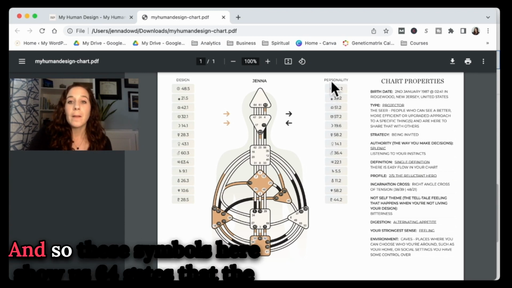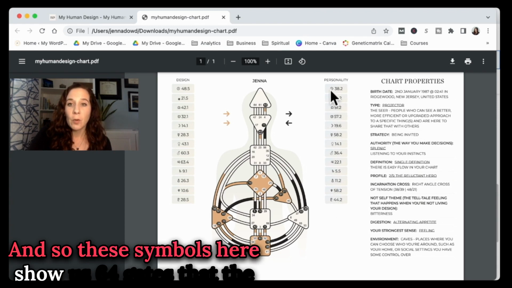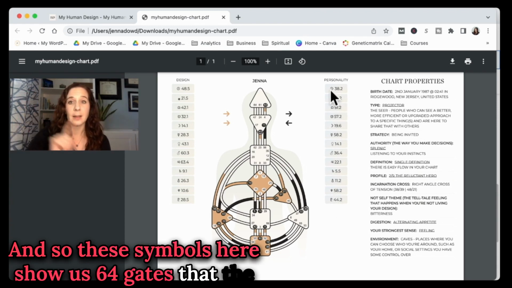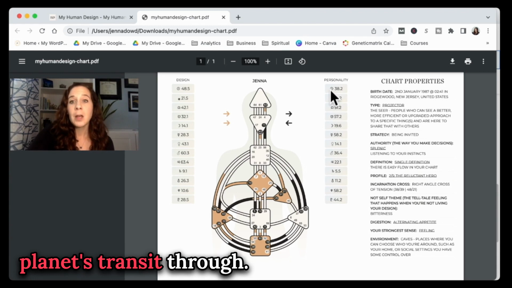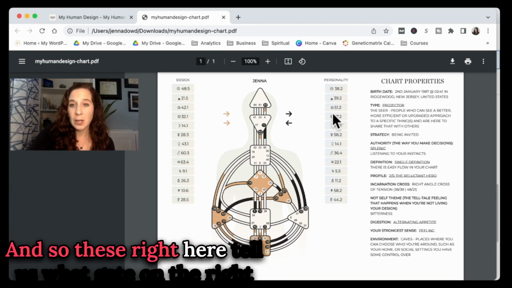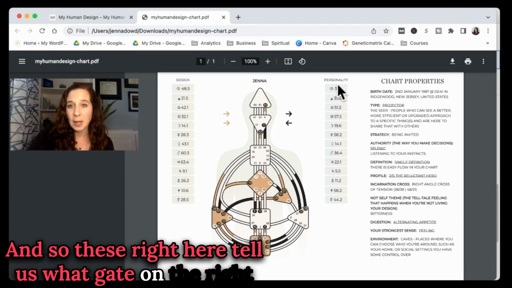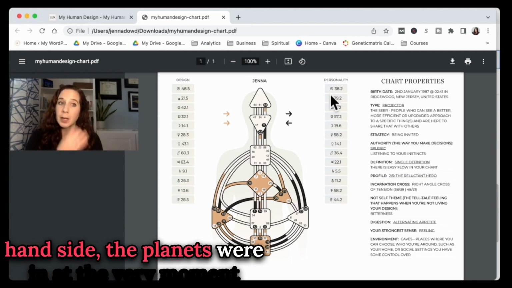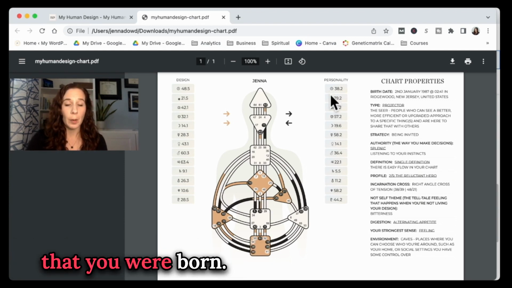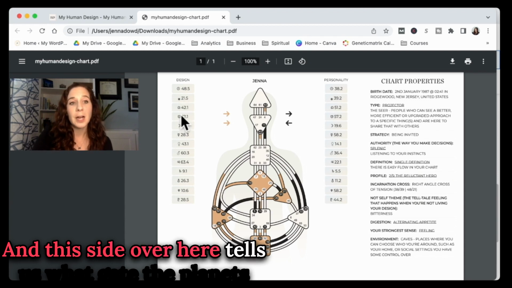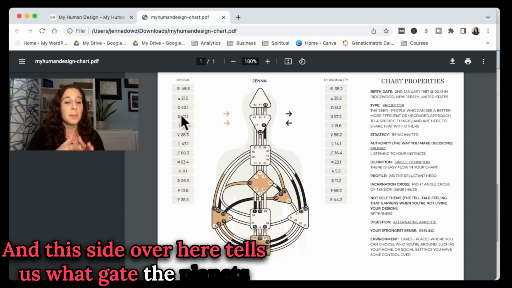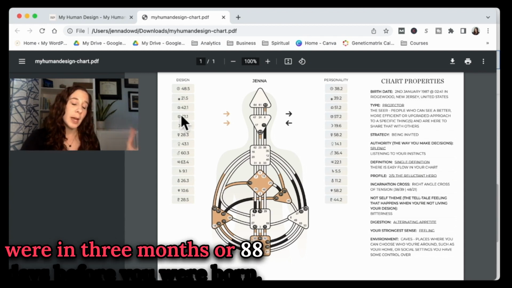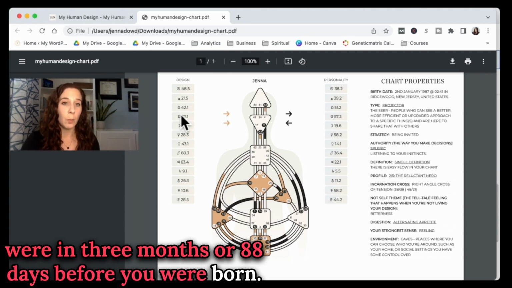And so these symbols here show us 64 gates that the planets transit through. And so these right here tell us what gate on the right-hand side the planets were in at the very moment that you were born. And this side over here tells us what gate the planets were in 3 months or 88 days before you were born.